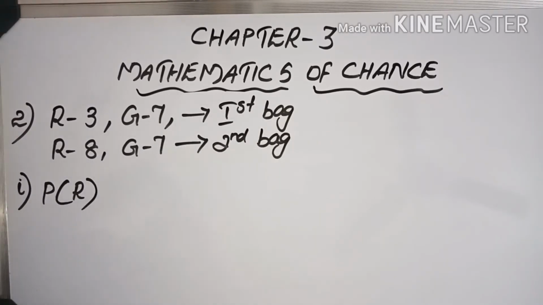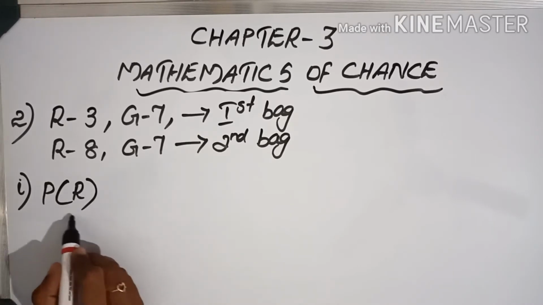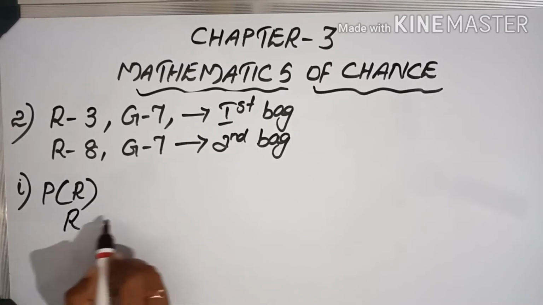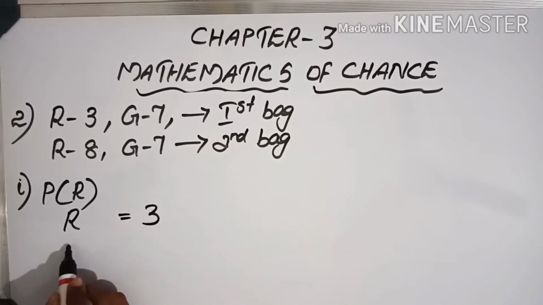So P of red we need to find. For that, what is the equation? Favorable divided by total. Here the favorable case is red, so the number of red balls is 3. What is the total?